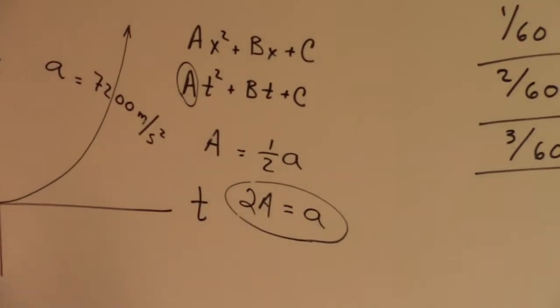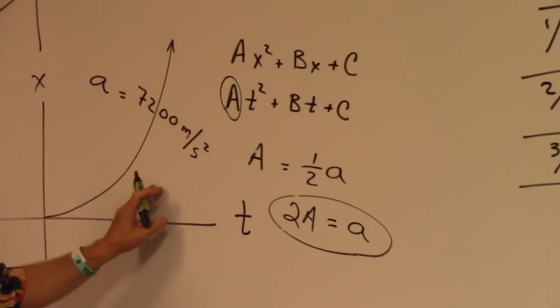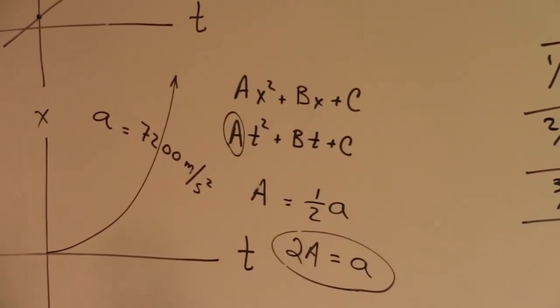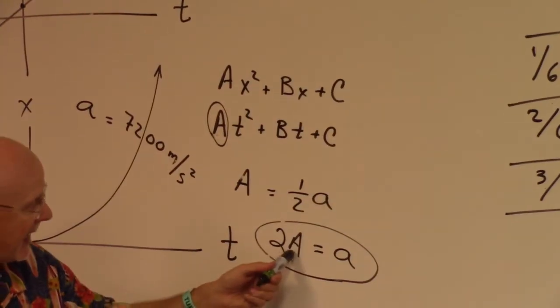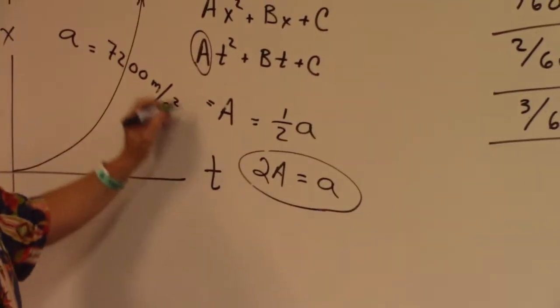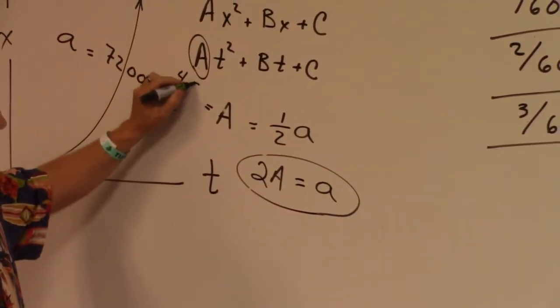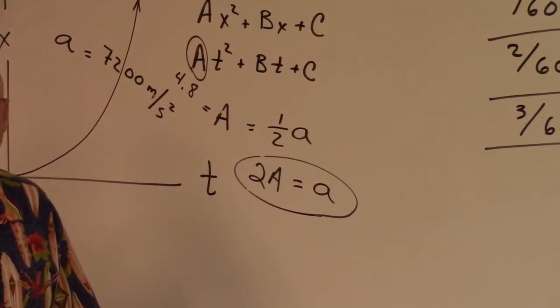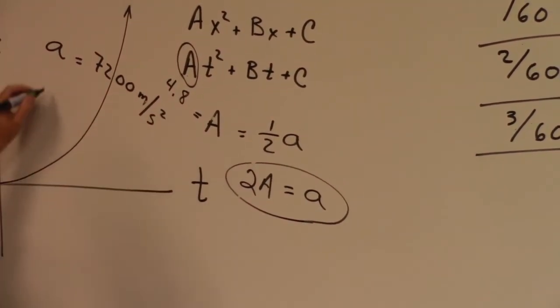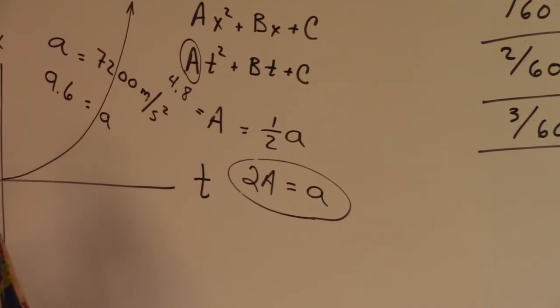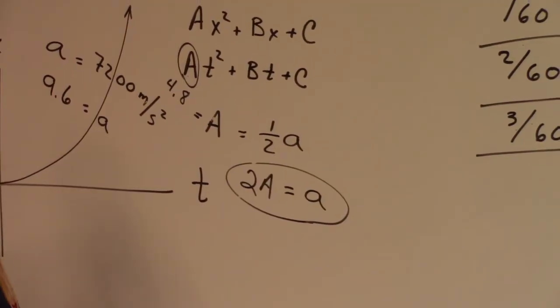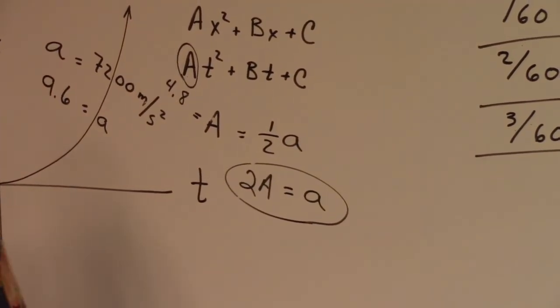Now, with that said, remember mine is going to be wrong because I made up data. But I'm hoping for your capital A you're looking at a number of like 4.8. Because if you double that, you get 9.6. Or 9.7. Or 9.8. Or 9.9. We don't usually get things higher.